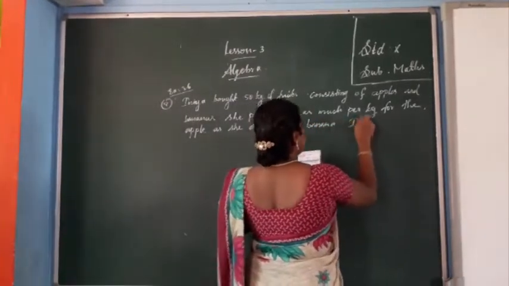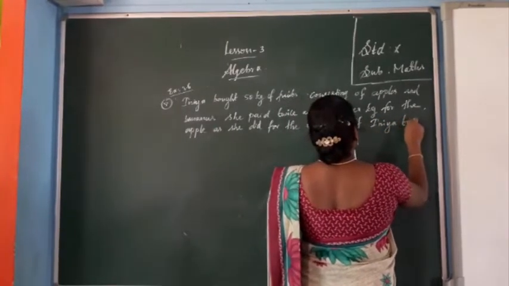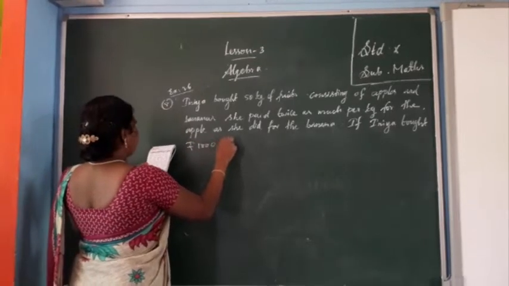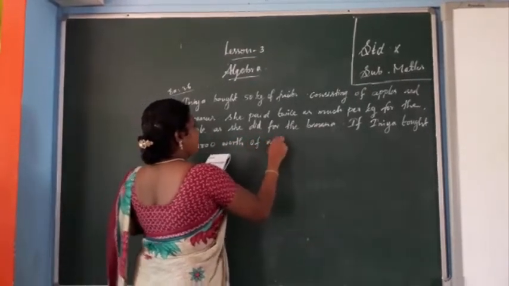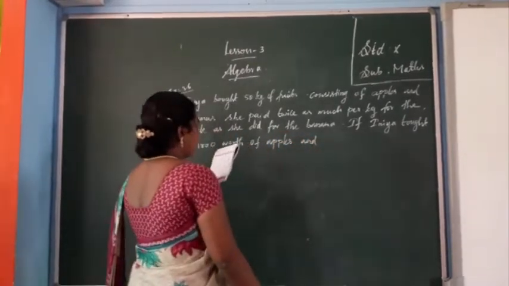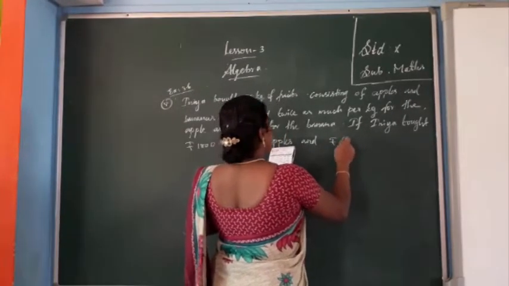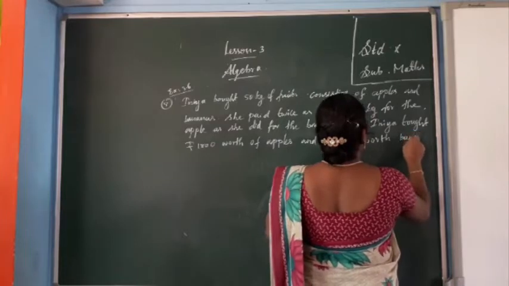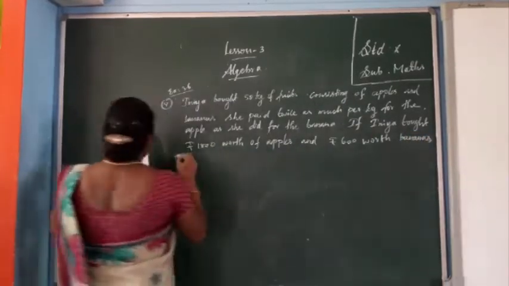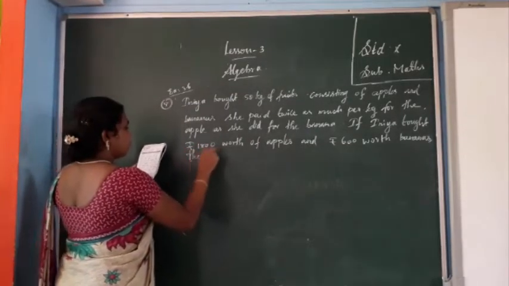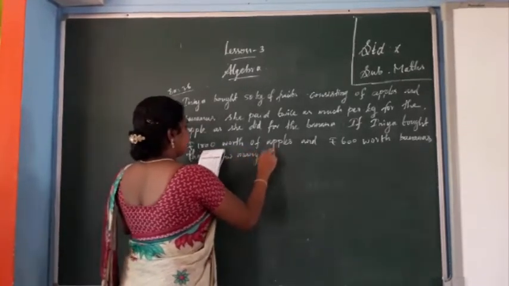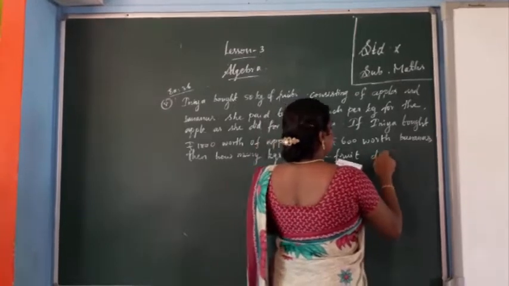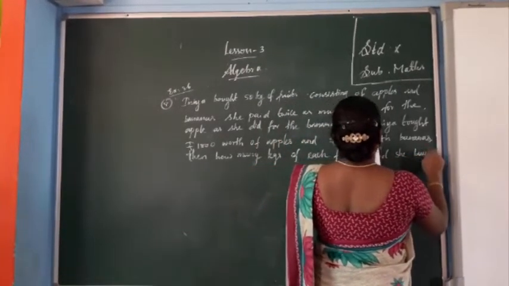If in a batch rupees 1800 worth of apples and rupees 600 worth of bananas, then how many kgs of each fruit did she buy? Okay, let's start.